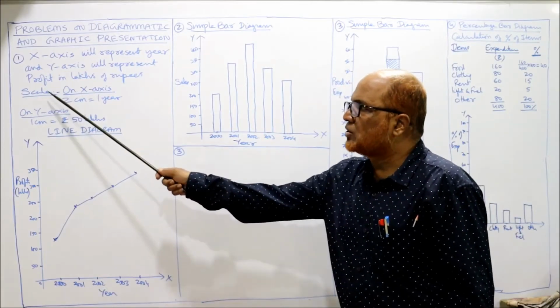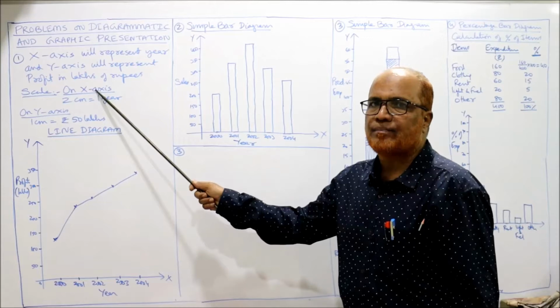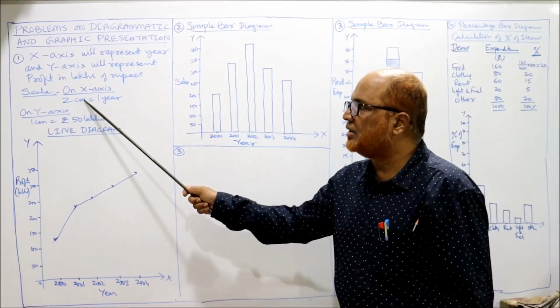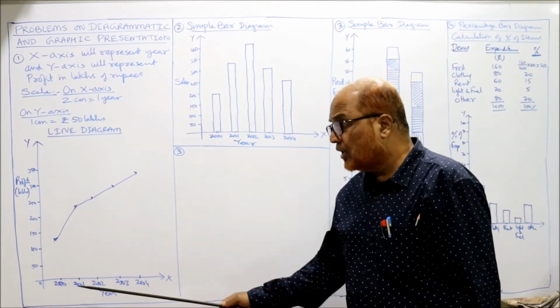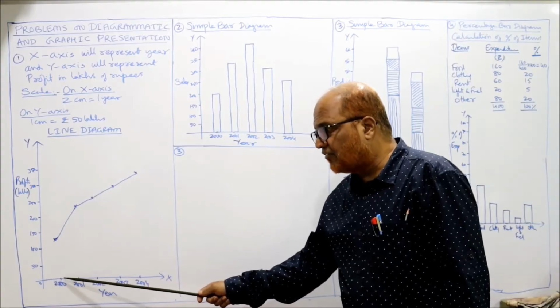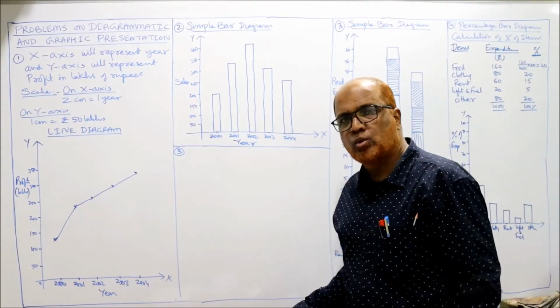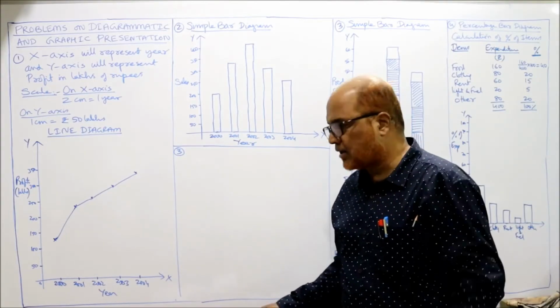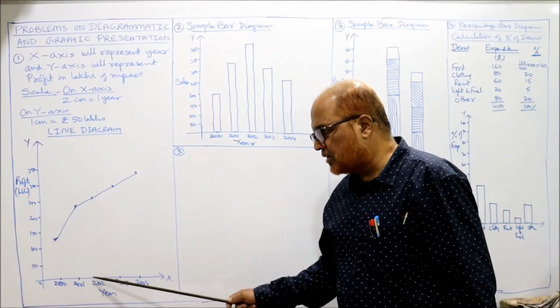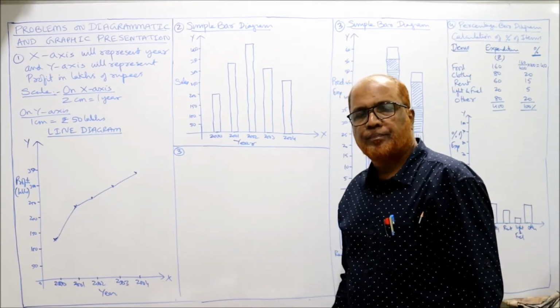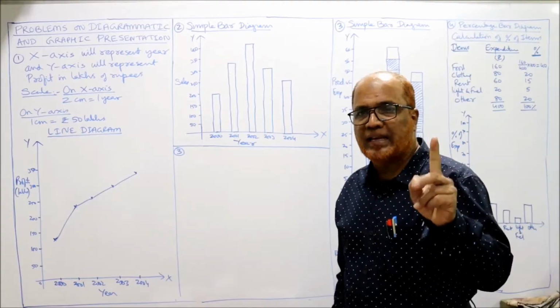So what I have taken in a scale on the x-axis: 2 centimeter is equal to 1 year. For every 2 centimeter I have plotted a mark. Then 2000, 2001, 2, 3, 4.